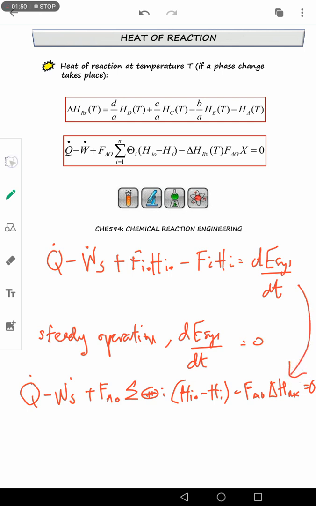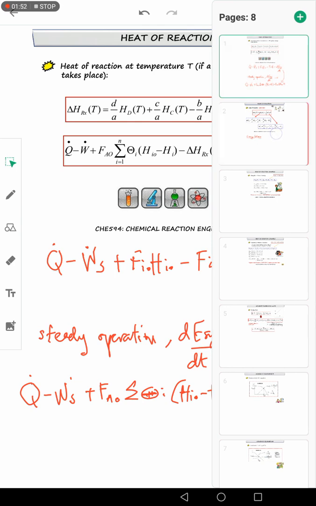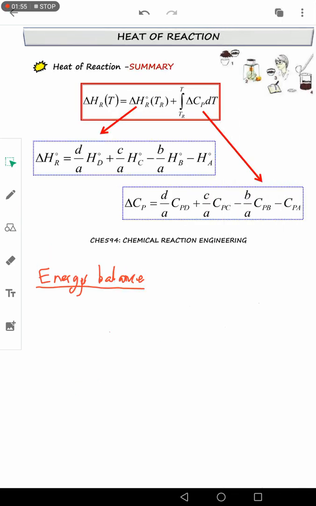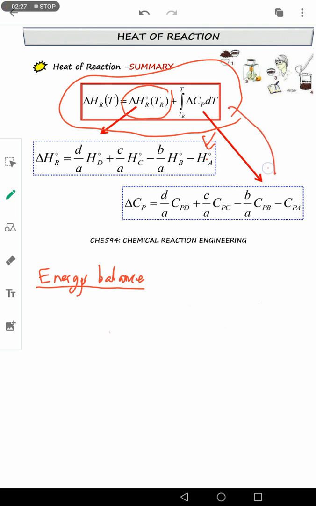Bukan itu saja, seterusnya bila kita masukkan elemen of heat of reaction yang ni, kalau kita kembangkan lagi, in which kalau awak tengok heat of reaction ni dah belajar dulu kan, heat of reaction equals to specific heat of reaction plus delta Cp dT, in which the specific heat of reaction dia equals to ini and the delta Cp equals to ini.